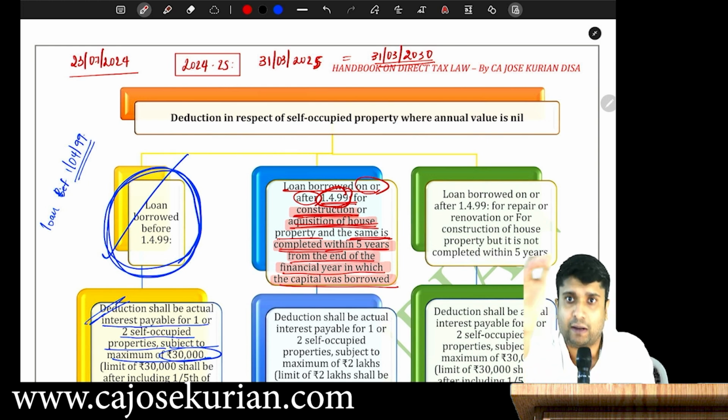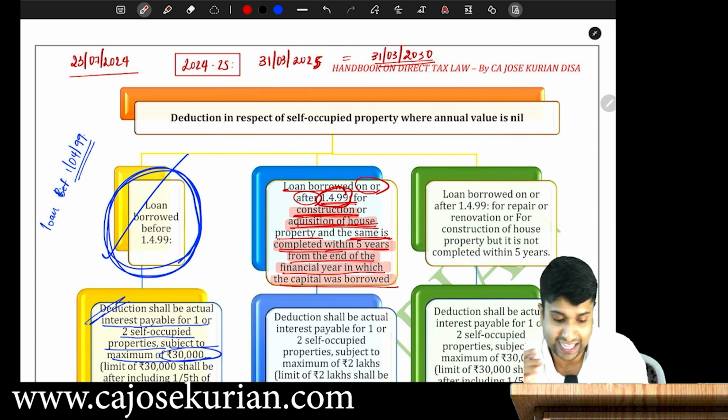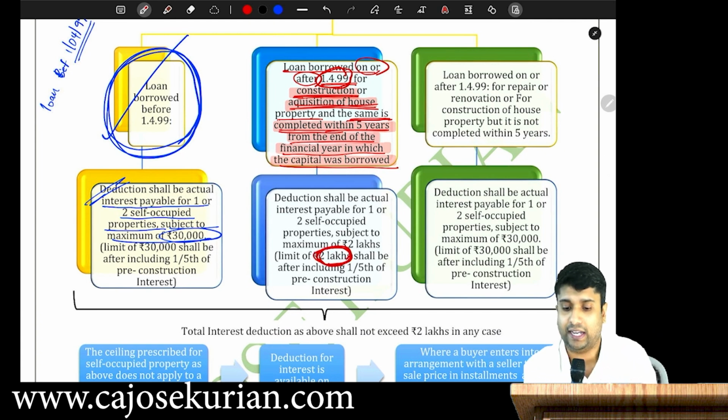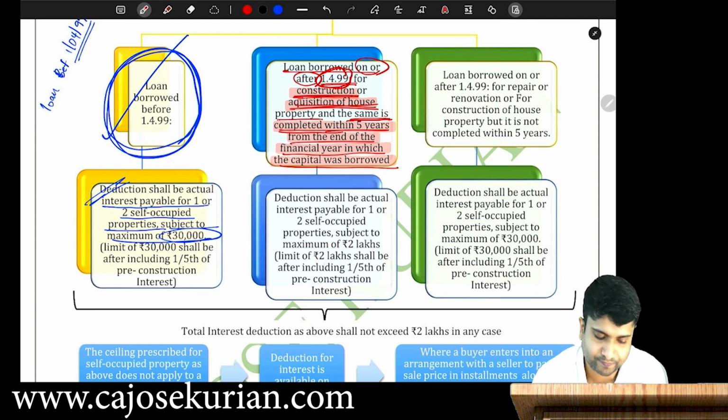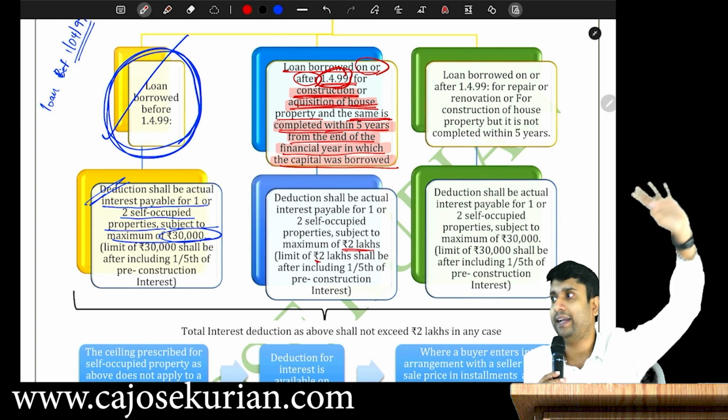From that I have to complete the construction within another 5 years, means 31st March 2030. Then only I can claim a deduction of up to 2 lakh. For claiming the 2 lakh deduction, this is mandatory.